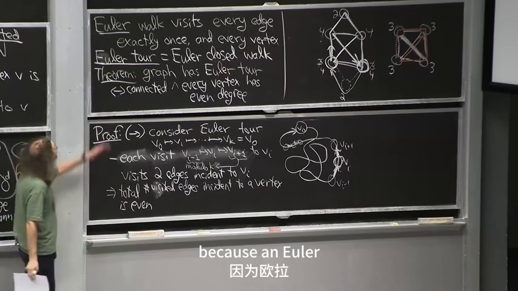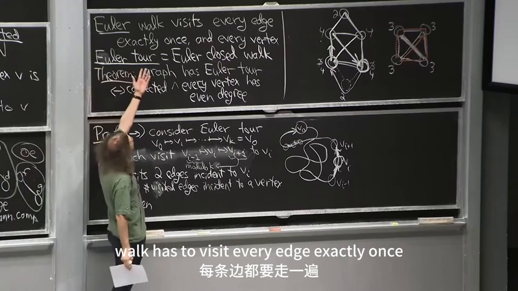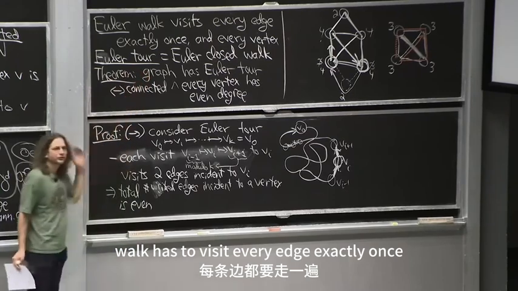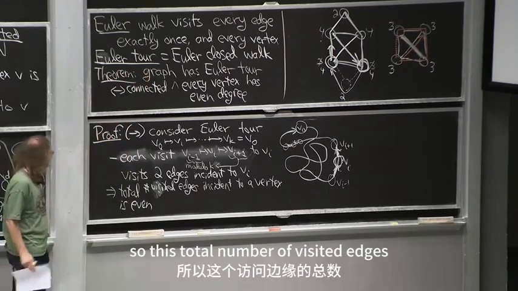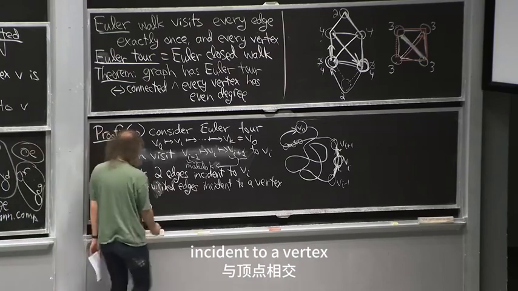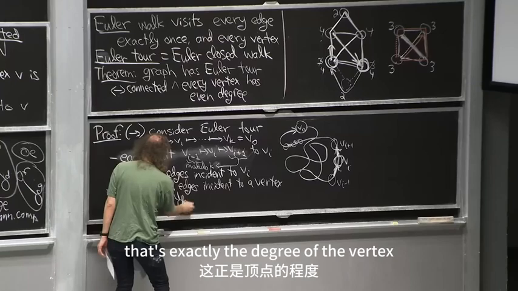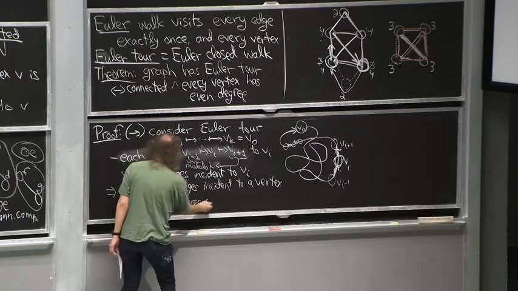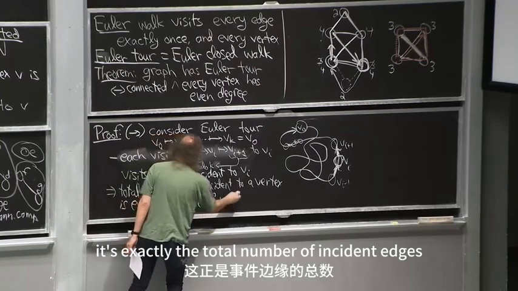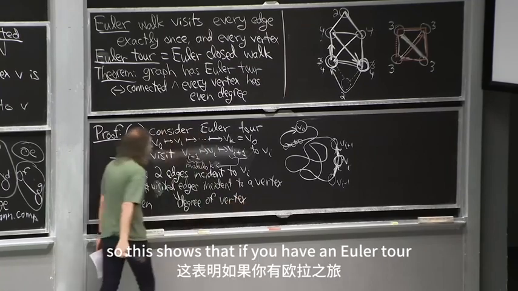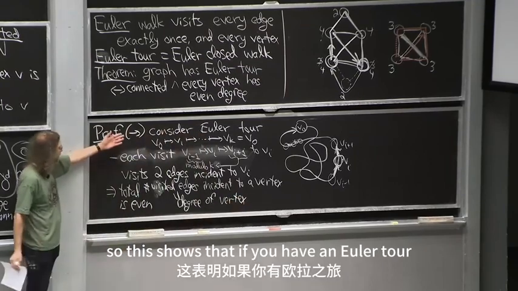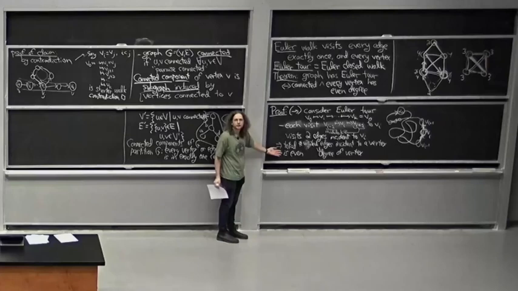Well, all of them, because an Euler walk has to visit every edge exactly once by the end. So this total number of visited edges incident to a vertex, that's exactly the degree of the vertex. It's exactly the total number of incident edges. So this shows that if you have an Euler tour, all the degrees must be even.